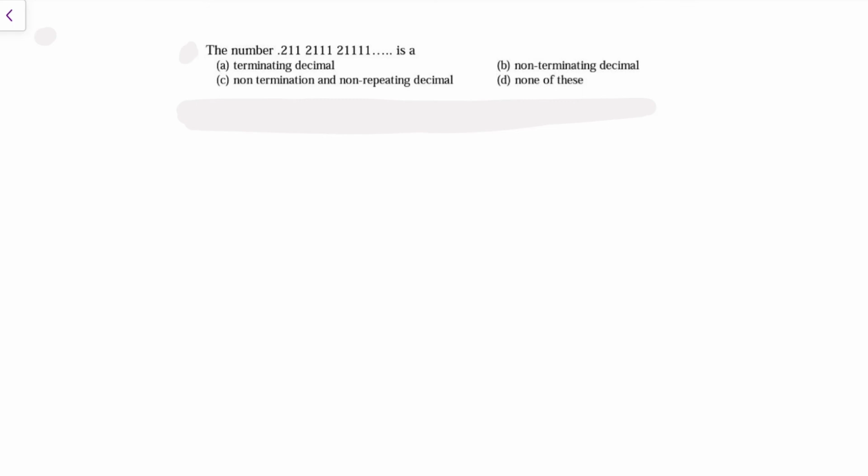Next, whether any pattern is repeating or not repeating. 211, 211, 241, then 251, then 261. It continues like that only, but it is not repeating. So I can say that this decimal is non-terminating, non-repeating. So option C is the correct option. Non-terminating, non-repeating. Otherwise I can say that it is an irrational number.